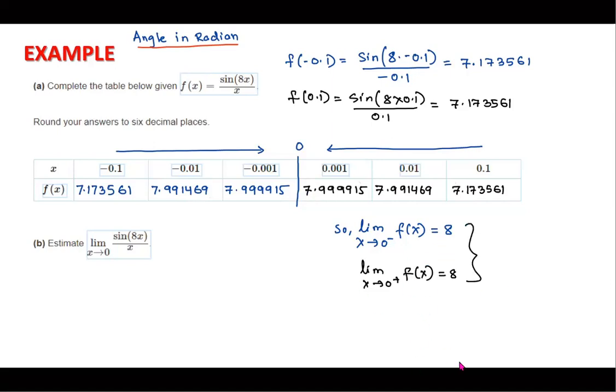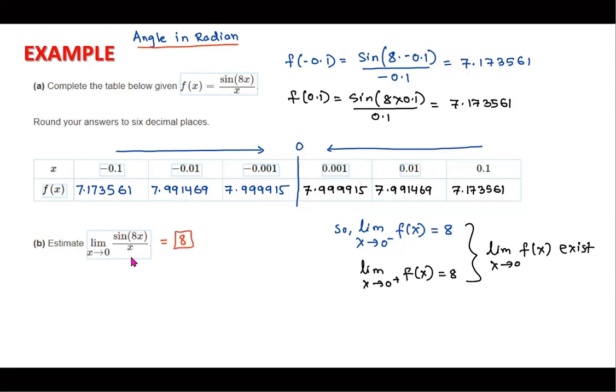So we can say that the limit as x approaches 0 of the function exists, and that limit is equal to these two limits, the left-hand limit and right-hand limit. They are equal. So the value of this limit, which we are asked to estimate here, the limit as x approaches 0 of sine 8x over x, must be equal to 8.